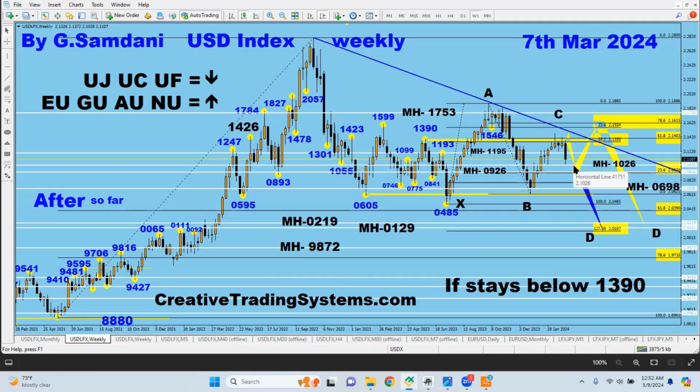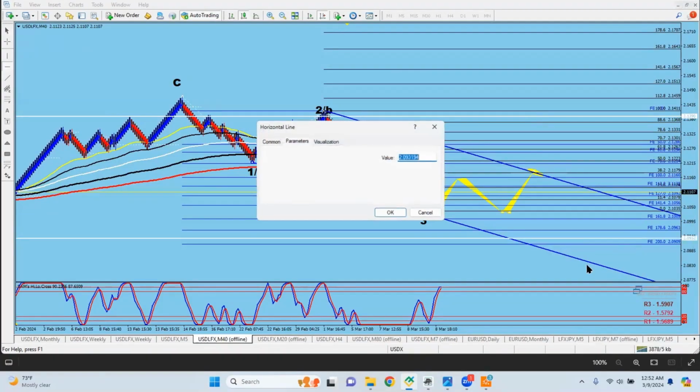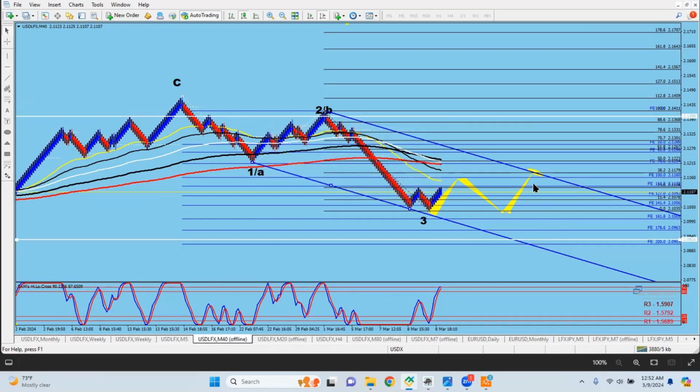This yellow mark here is coming to 0926. So after wave 4, finish wave 5.